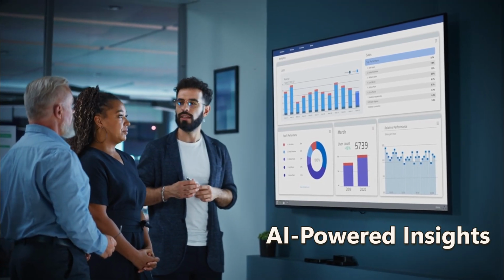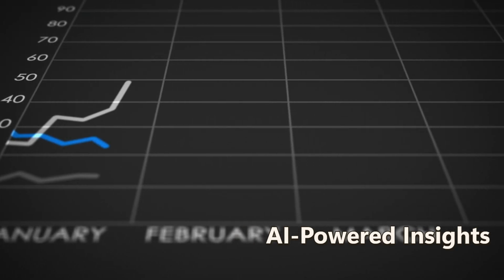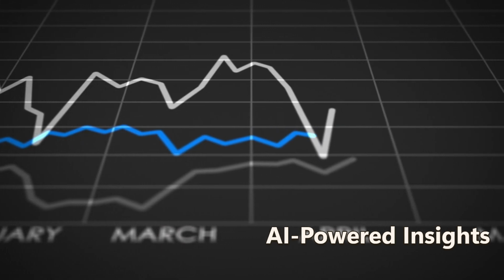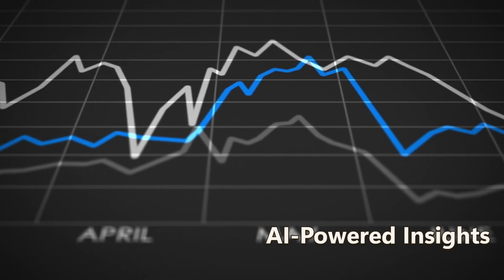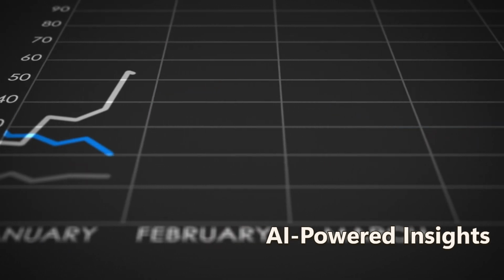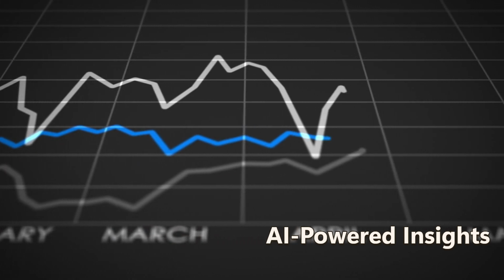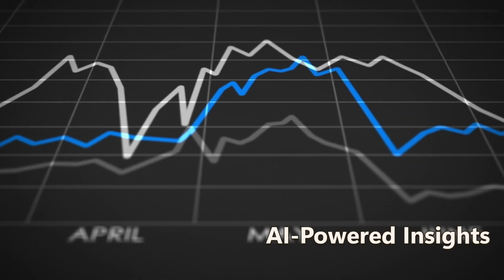These tools leverage artificial intelligence to analyze historical data and predict future demand with remarkable accuracy. Imagine making informed decisions based on reliable forecasts, minimizing stockouts, and optimizing inventory levels. This advancement not only streamlines operations, but also significantly reduces costs, allowing businesses to allocate resources more effectively.